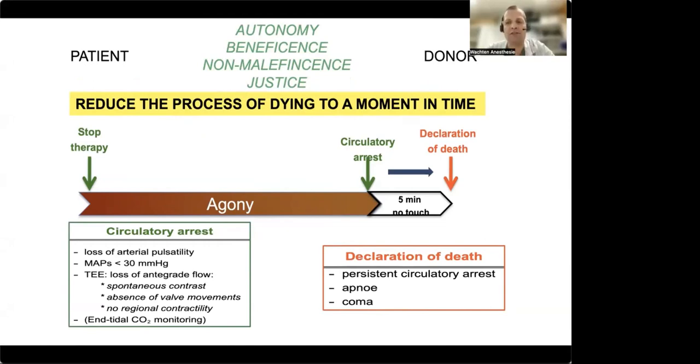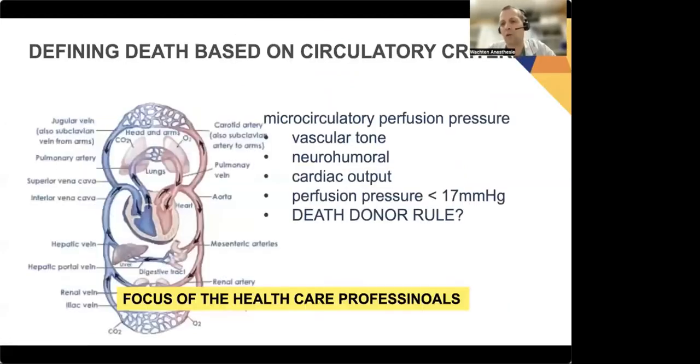In a controlled DCD organ donor, which is the most commonly used DCD organ donor, we stop the life-supporting therapy in a controlled setting, and we wait until circulatory arrest occurs. After that, we wait for a certain amount of time, which is referred to as a no-touch period, before we can declare death. I would like to question you.